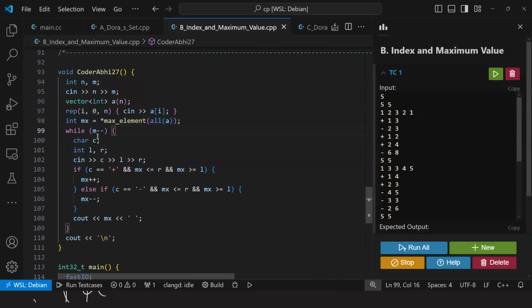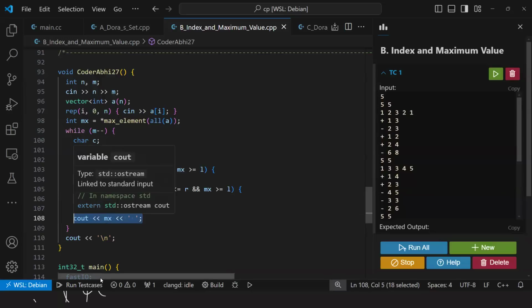Inside my while M minus minus, in every query, I would take C, L, R. If C is plus and MX is in the range from L to R, then I would do MX plus plus. If C is minus and MX is in the range of L to R, then I would do MX minus minus, and just print MX for every query. I hope this problem and this code are clear.